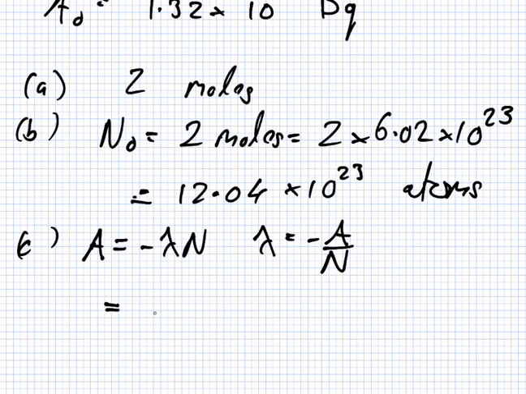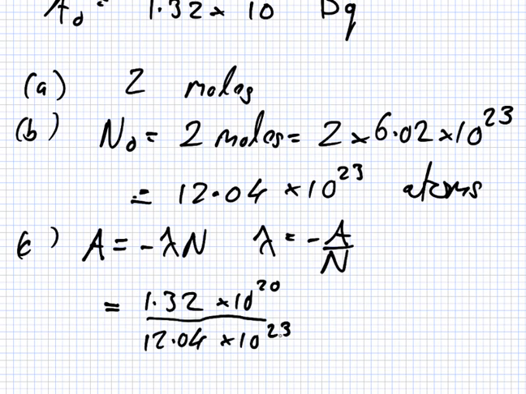So that would be A, 1.32 times 10 to the 20, over 12.04 times 10 to the 23. Now I need a calculator here.